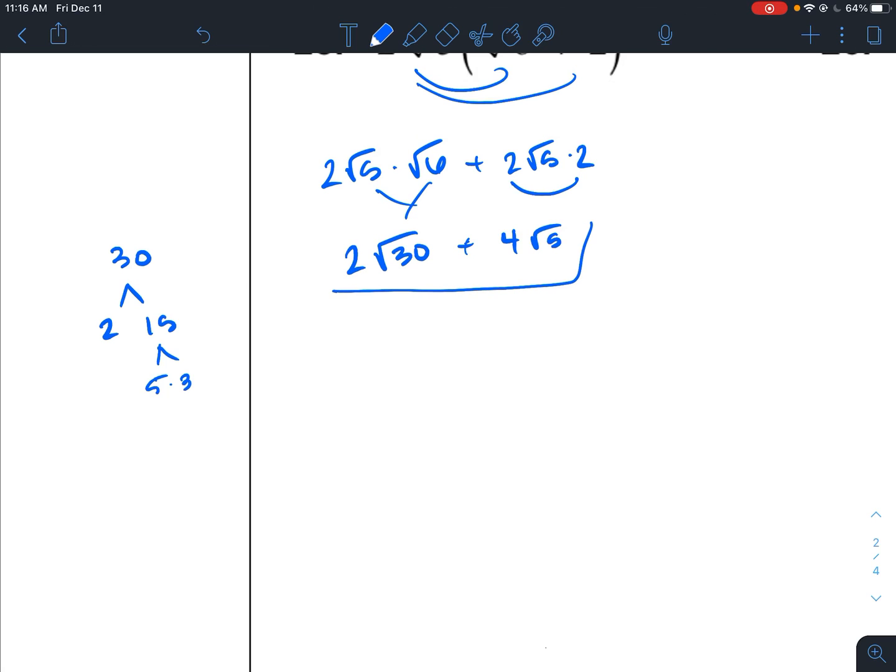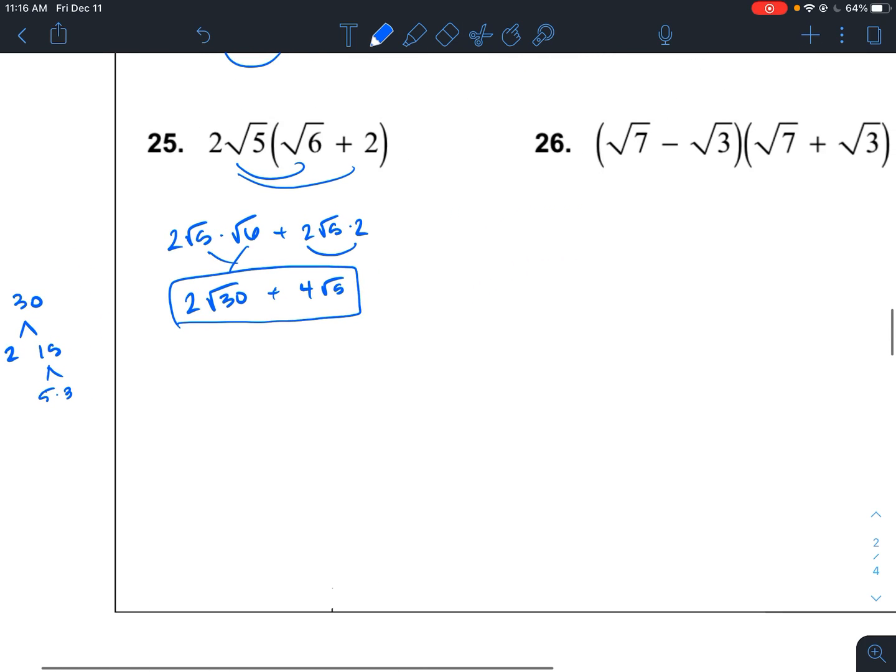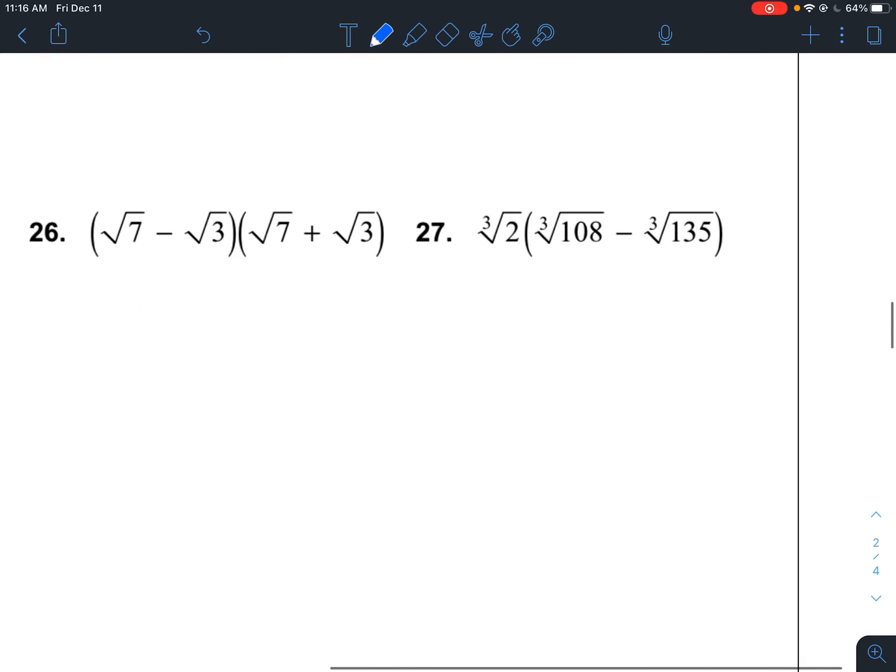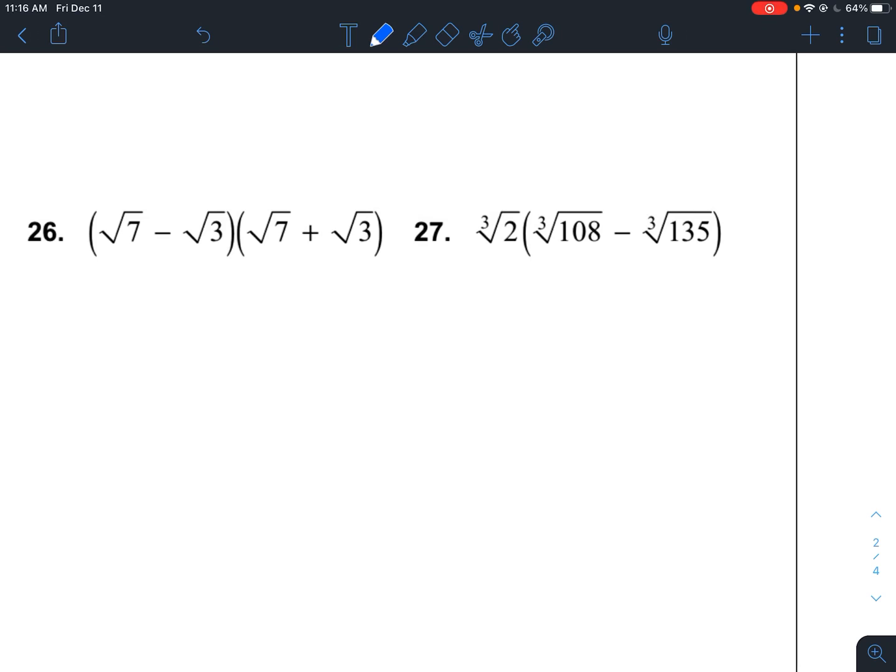Since we can't simplify that anymore, because we can't take any factors out of the square root of 30, and the square root of 5 is just the square root of 5, these won't be able to combine. We can't get any like radicals out of that. And to end, let's do number 26.